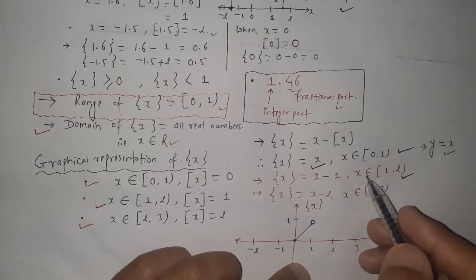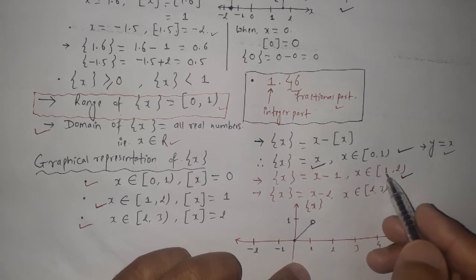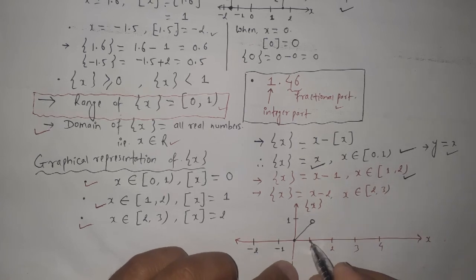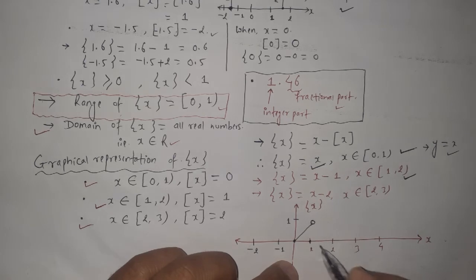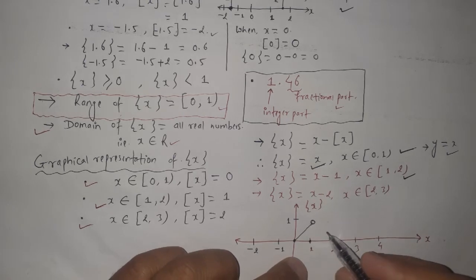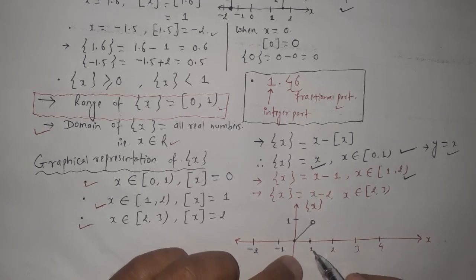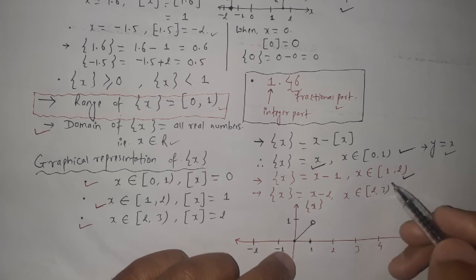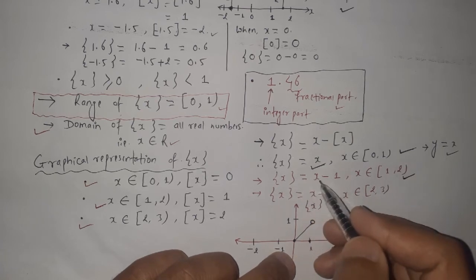For the next domain, x belongs to the range from 1 to less than 2. Here the 1 is included, and 2 is not included. In this situation, our output is just x minus 1.